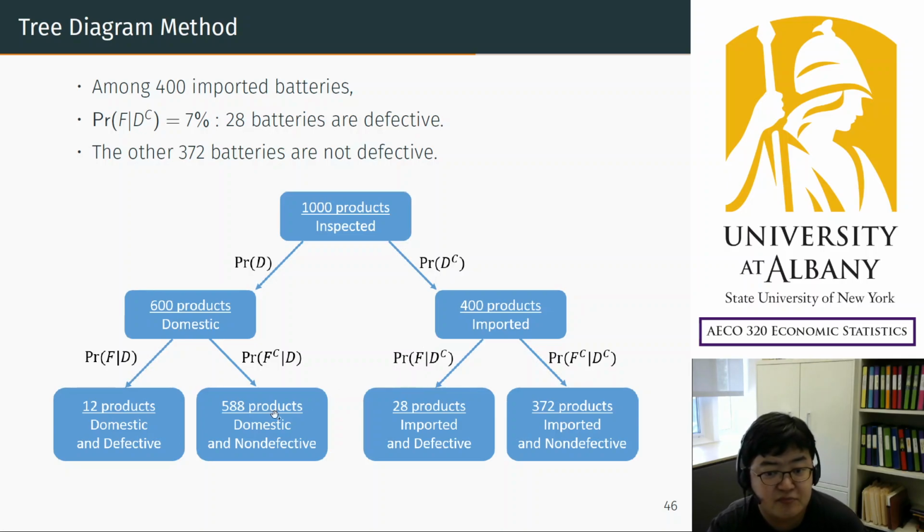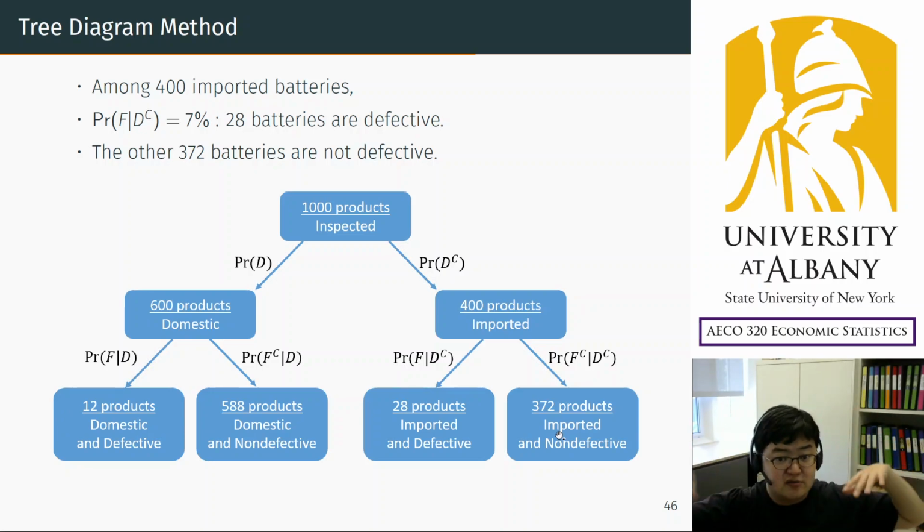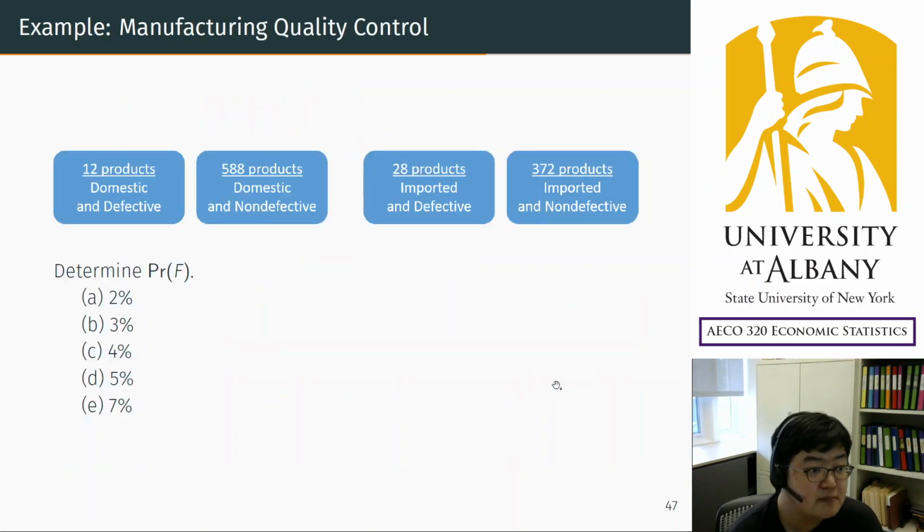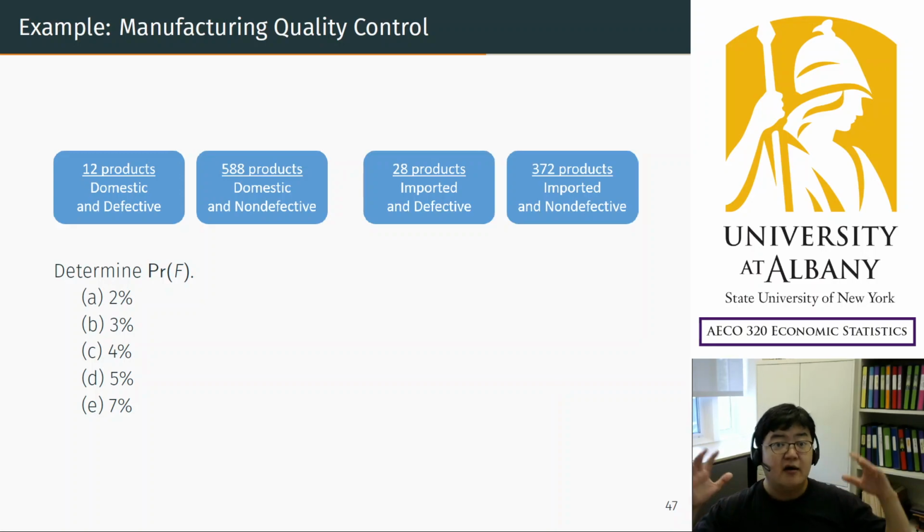So in the end, you classified 1,000 batteries into 4 different categories, which will be a 2 by 2 frequency table. You can think of it as a kind of data with 1,000 observations, and we classify them into 4 different outcomes.